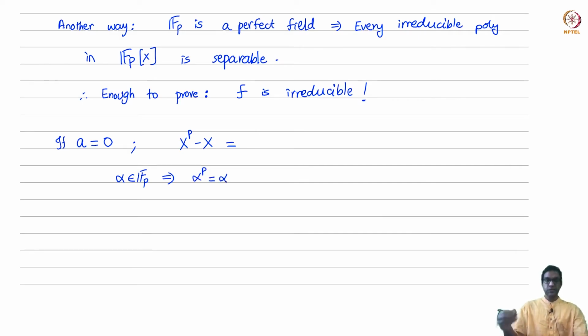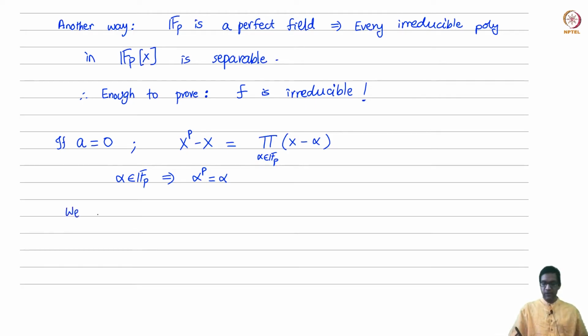You have seen this in the construction of finite fields. This means that every element alpha of Fp is a root of this polynomial, and so it splits completely over Fp as a product of x minus alpha as alpha ranges over Fp. So we know that a not being 0 is definitely required.